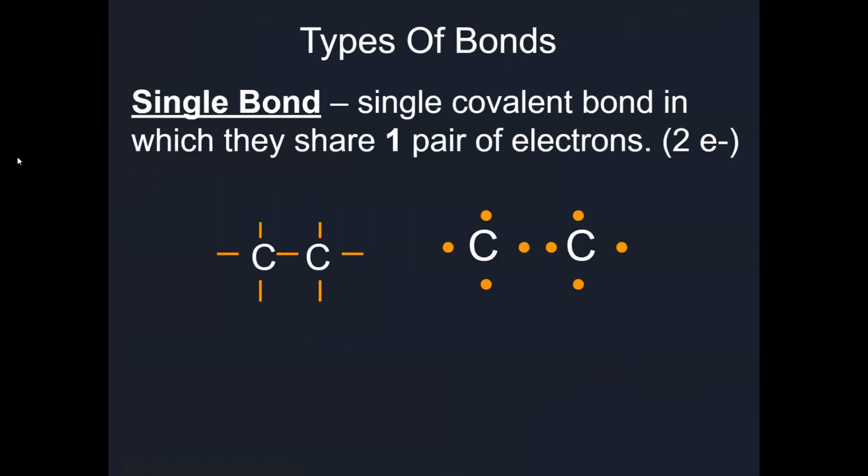Now, we're not going to go into all the definitions. We're only going to do a couple. There's a whole bunch. Single bonds, though, you already know that definition. That's when you have 2 electrons sharing, creating a sharing bond, 1 electron from the left carbon, 1 electron from the right carbon.